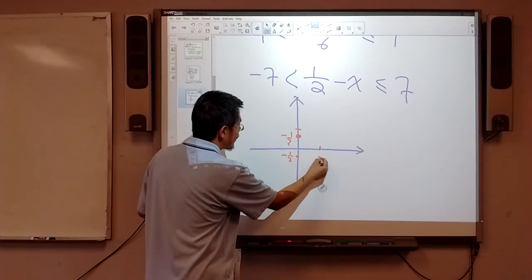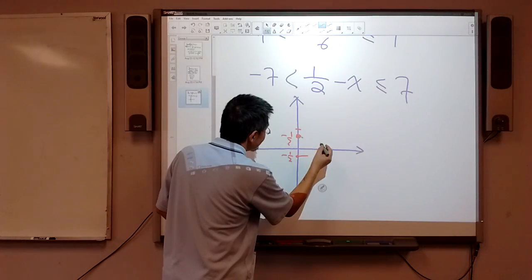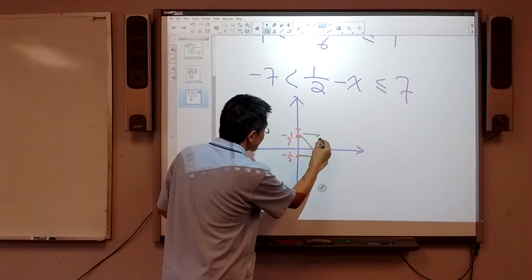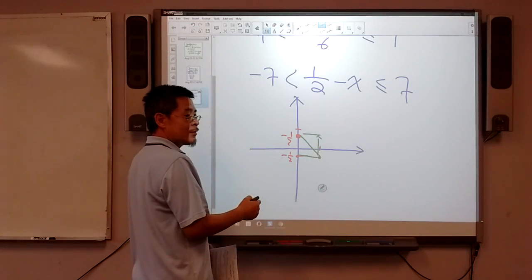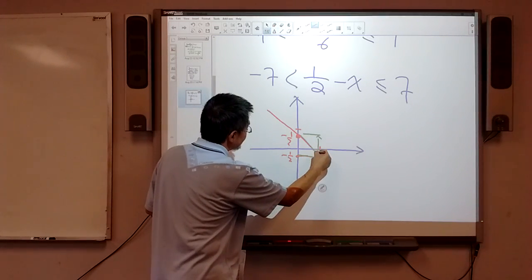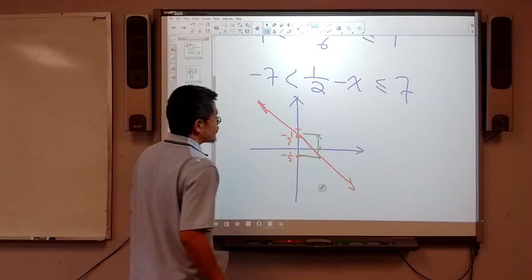So the slope will be negative 1. If we graph like this, this is 1, this is also 1. So we can graph that. We know one point and the slope, and we graph it.